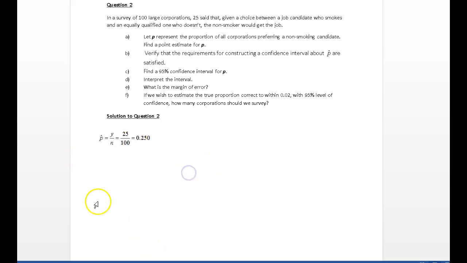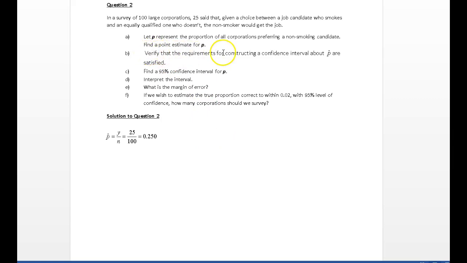So P hat equals the number of corporations who said they prefer the non-smoking candidate divided by the total number who were sampled. This is my point estimate, the sample proportion. It gives me some idea of what the population proportion might be, but it certainly does not represent the population proportion.